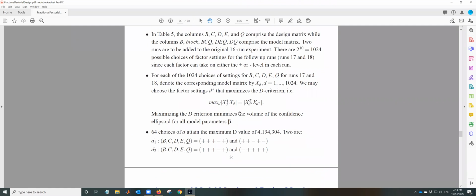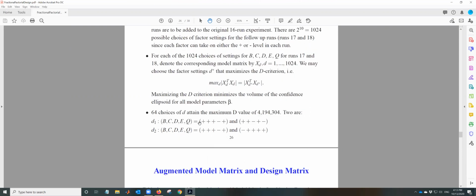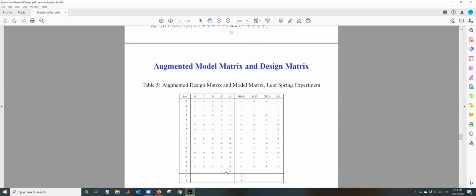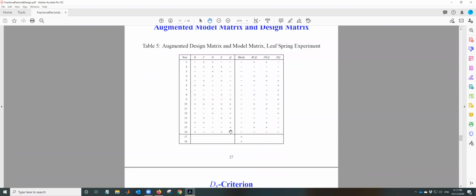So that we get the maximum D criteria. Now, if you maximize this and you are able to get these settings, D1, D2, both of them get the same maximum values. So you get these 2, and then you put them in, and those will be the 2 follow-up runs.